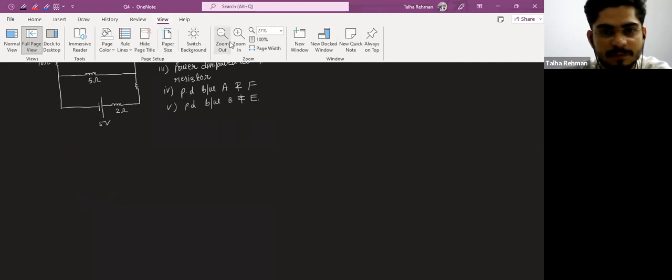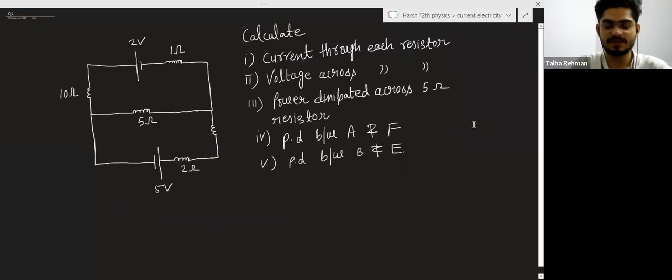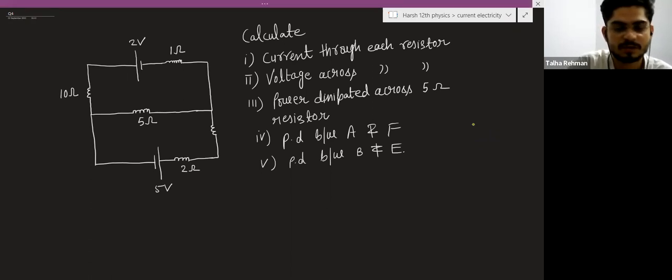This question we will have, and we will see why we will apply KVL here. And here is a resistance of 5 ohm.